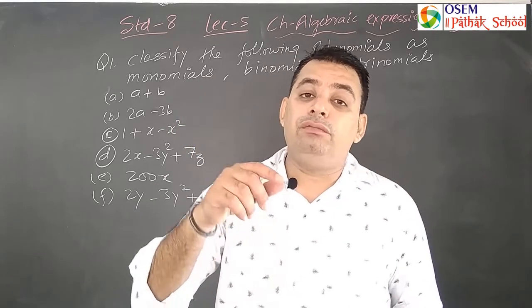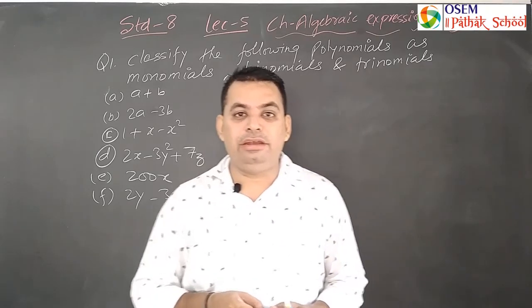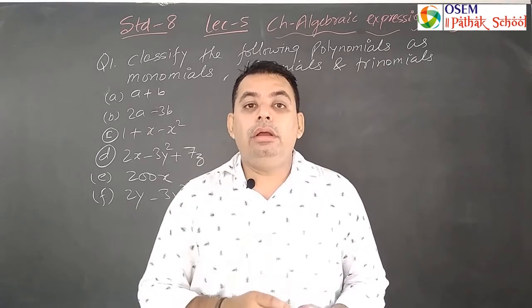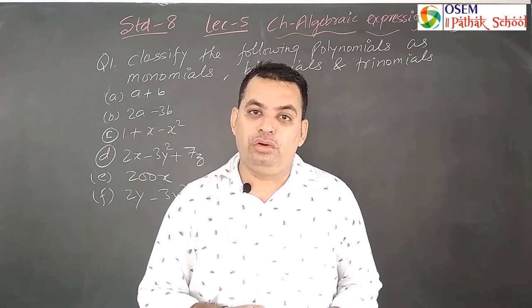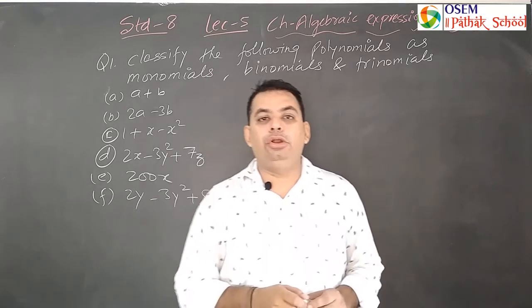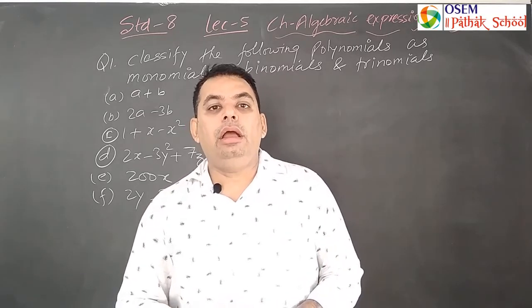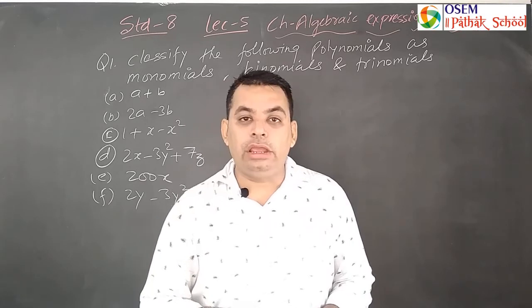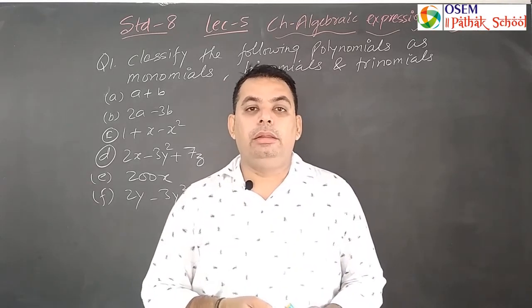And on the basis of degree, or power, we have also classified the polynomials. A polynomial having degree 1 is known as linear, degree 2 is known as quadratic polynomial, and degree 3 is known as cubic polynomial.